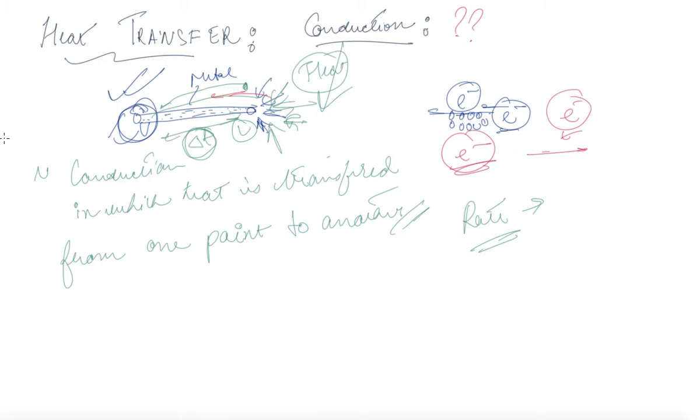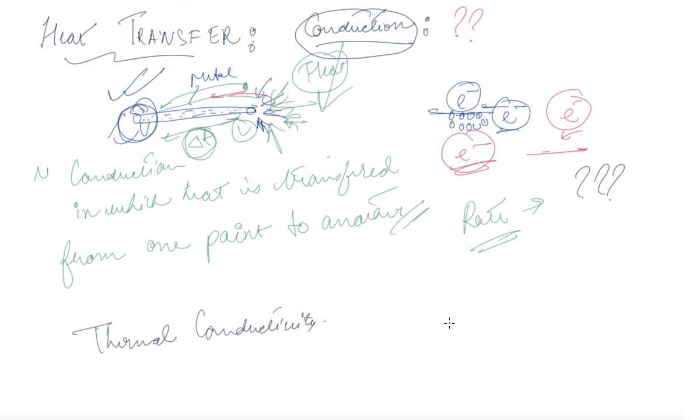Now, with this question that we ask ourselves, and by understanding the basic concept of conduction, we come to conductivity, that is, thermal conductivity. Thermal conductivity depends upon the cross-sectional area, that is, how big the cross-sectional area is.